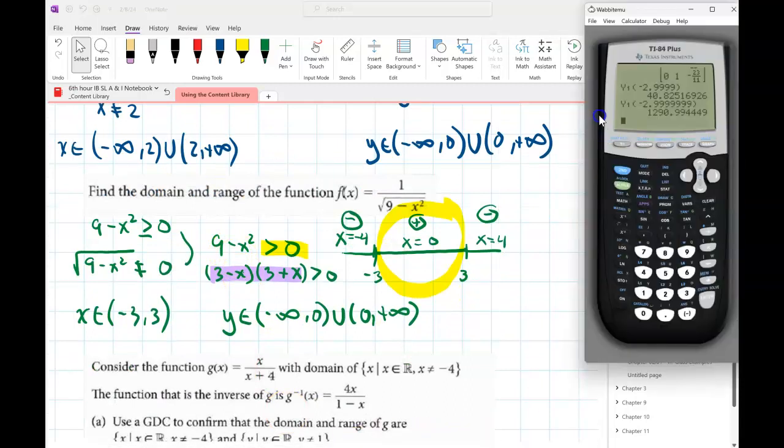So just real quick here, when I looked at the picture, it looks like it's stopping here.